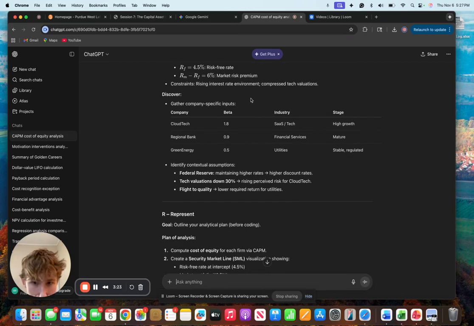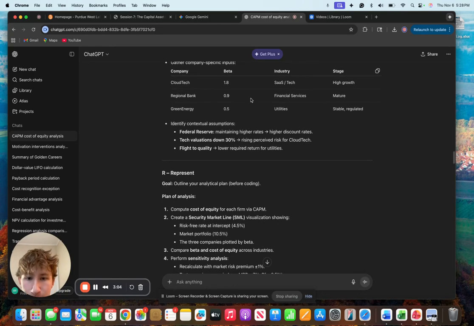We discovered that the beta for cloud tech was 1.8, the regional bank beta was 0.9, and green energy was 0.5. Cloud tech is high growth, regional bank is mature, and green energy is stable and regulated.